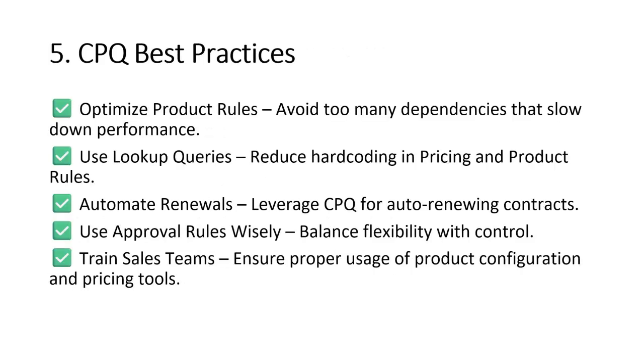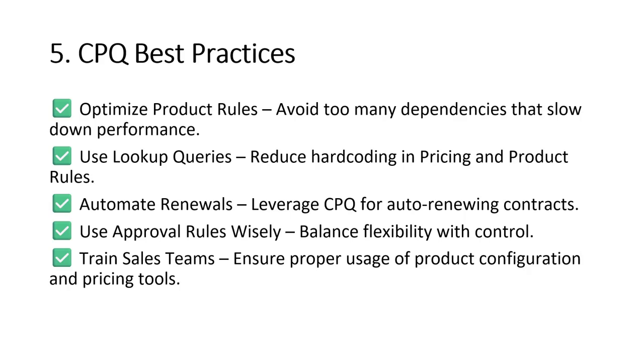So here are the CPQ best practices. With the help of CPQ, we can optimize product rules. But when we are configuring product rules, we have to avoid too many dependencies, otherwise it will slow down performance.